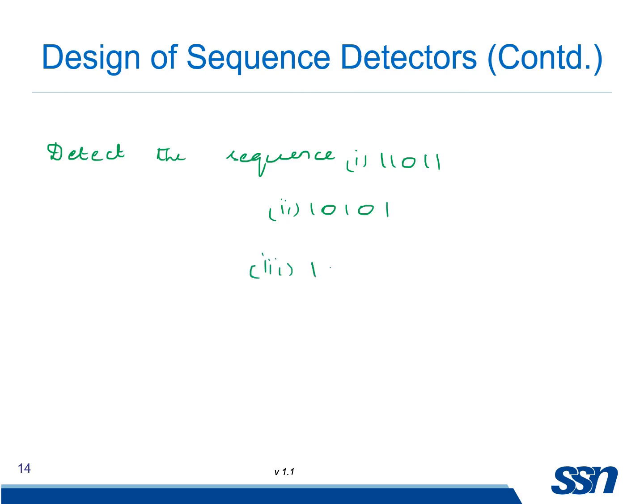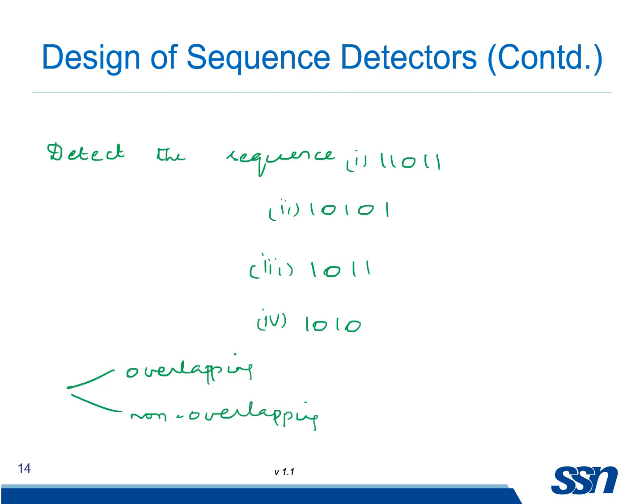These are just random examples. 1011. Anything it can be. Any sequence, the procedure is same. Just you need to remember. Okay, you can implement this as overlapping, non-overlapping sequence, or even as Mealy or Moore machine. Okay, so practice all these.